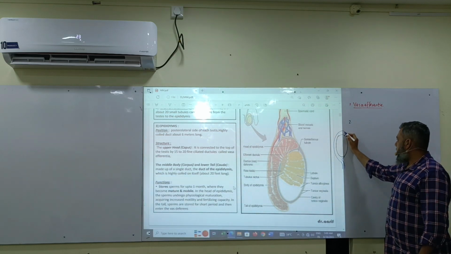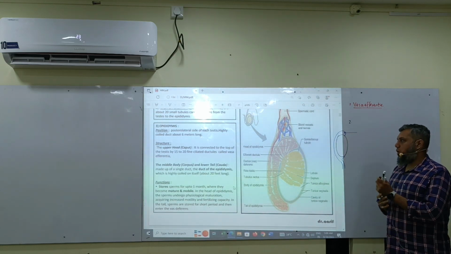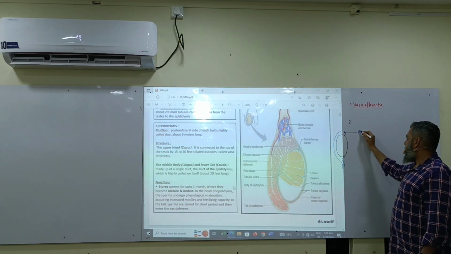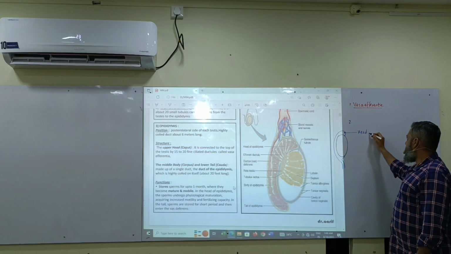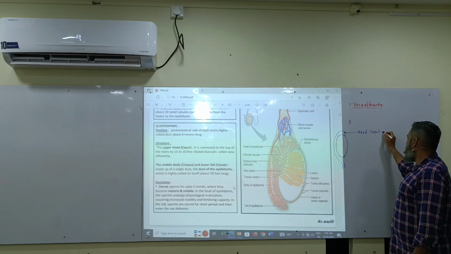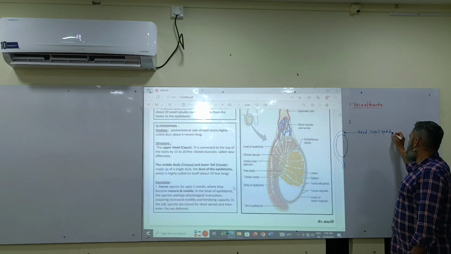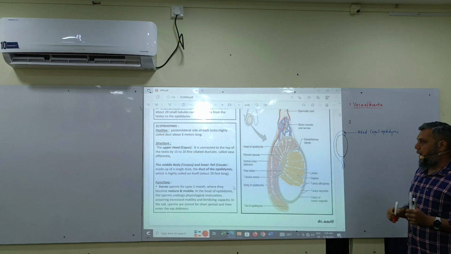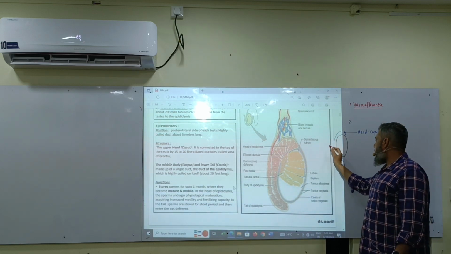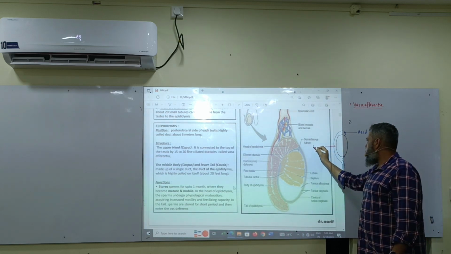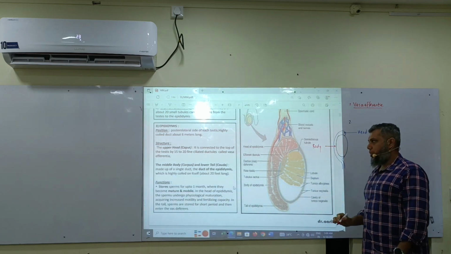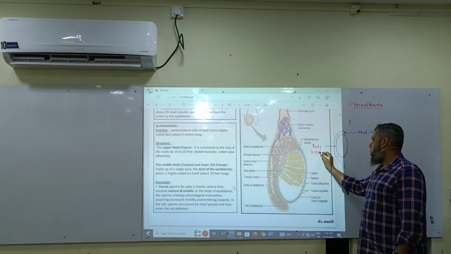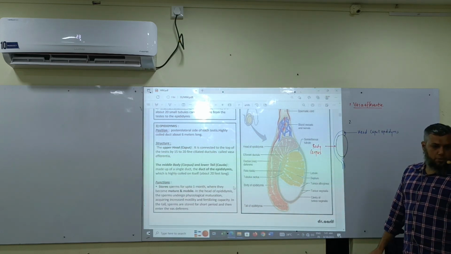The first part is called the head of the epididymis, also called the caput epididymis. The middle part is called the body, the corpus epididymis.